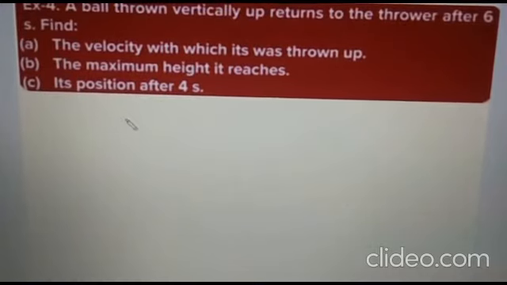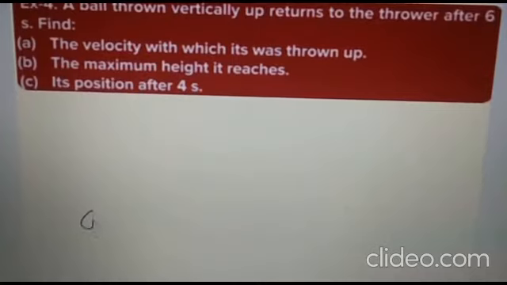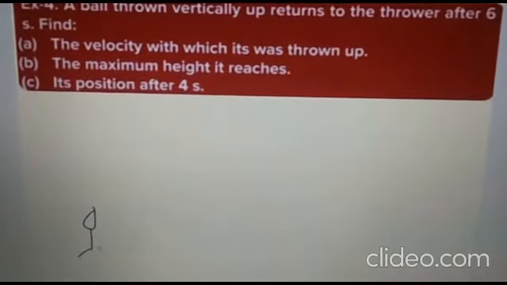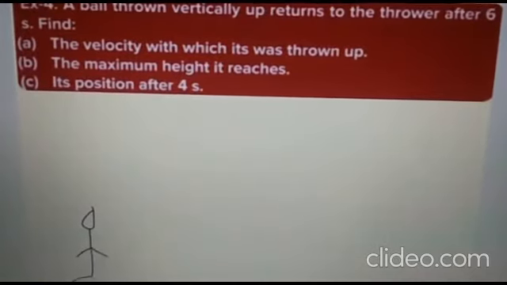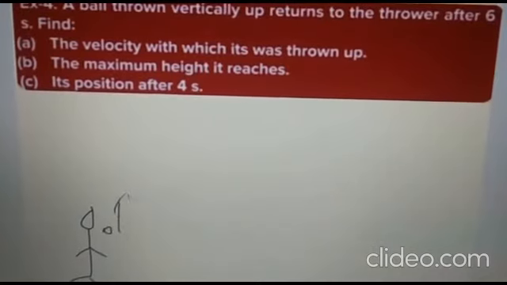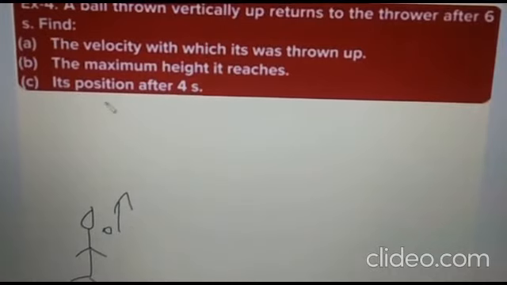Now let us imagine the situation. He's saying that a ball is thrown vertically up, so a person is standing here and he throws the ball upwards. Maybe the ball reaches this height and it returns to the person in how many seconds? 6 seconds.